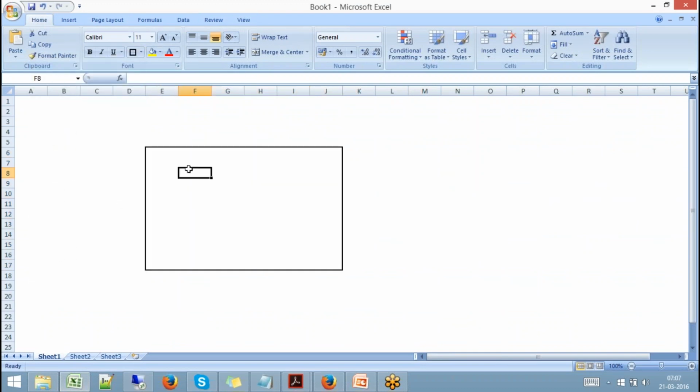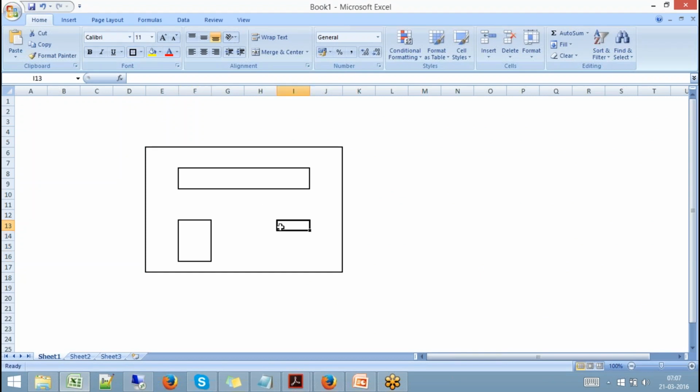When you look at HANA server, it will mainly have 3 storages. One is main memory, then the data volume and the log volume.